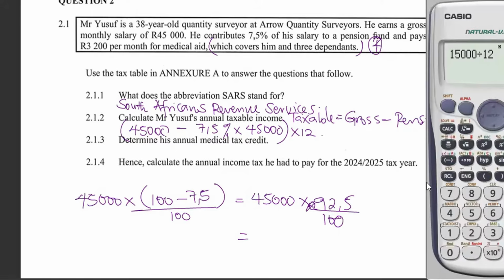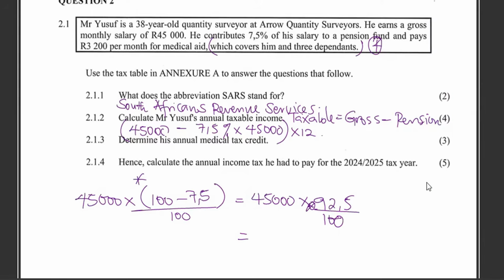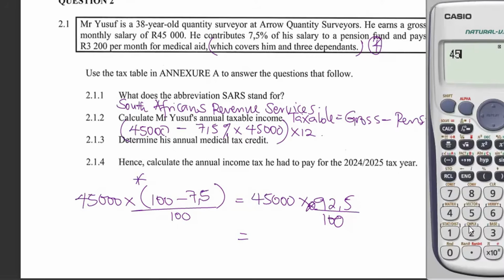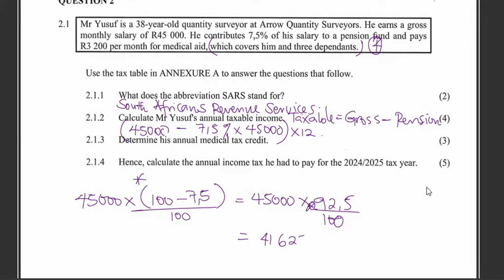Let me start with the one we had talked about. So we have 45,000 minus 7.5%. So we remain with 41,625 after the pension has been removed.